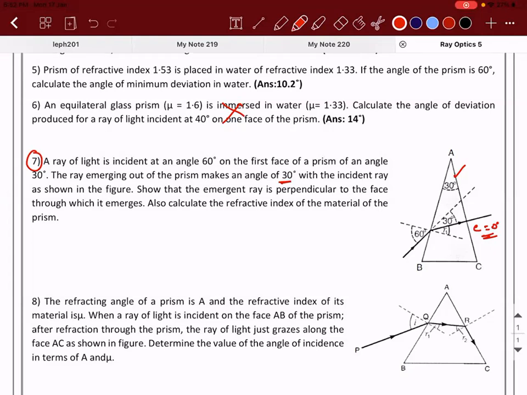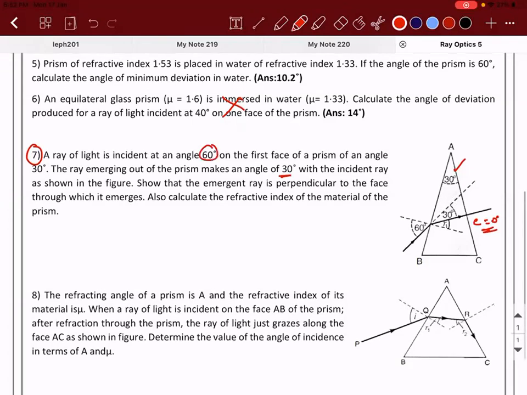So read the question carefully. There is a ray of light incident at an angle of 60 degrees on the first face of a prism of angle 30 degrees. The ray emerging out of the prism makes an angle 30 degrees with the incident ray, as shown in the figure. Show that the emergent ray is perpendicular to the face through which it emerges.